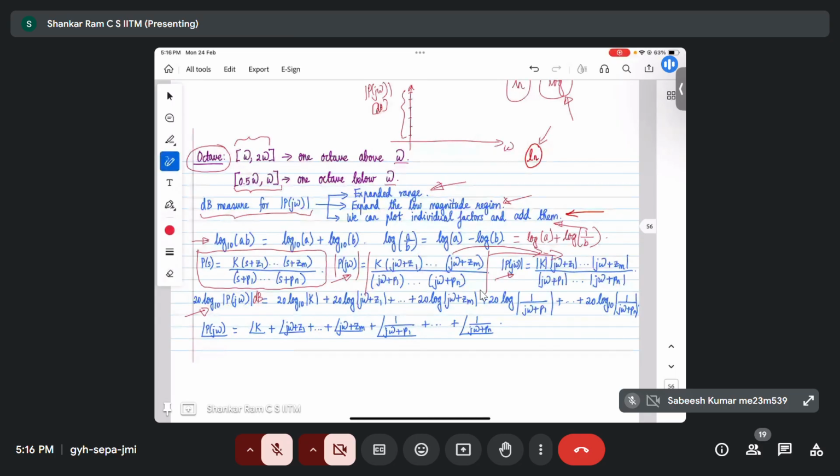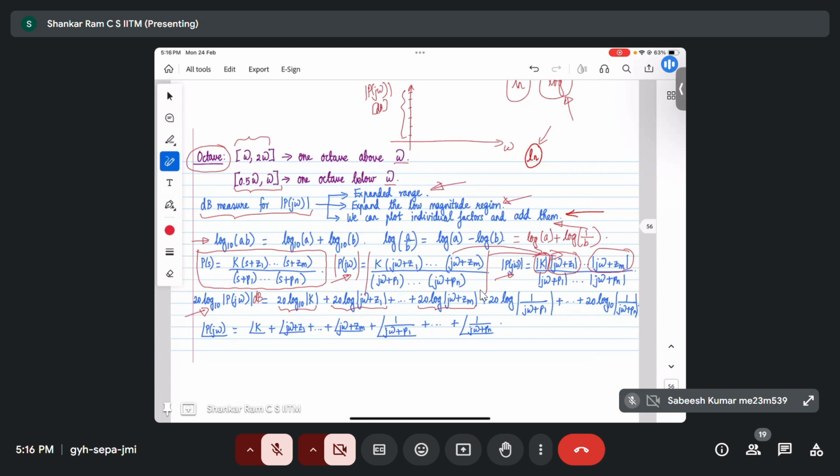So the first factor is the magnitude of K, so we get 20 log of the absolute value of K. The second factor is j omega plus z1, so we get 20 log of the magnitude of j omega plus z1. The mth factor in the numerator is j omega plus zm, so we get 20 log of the magnitude of j omega plus zm. I hope it's clear, right? So as many products as we have, they become sums when we apply the logarithm and take the distribution.